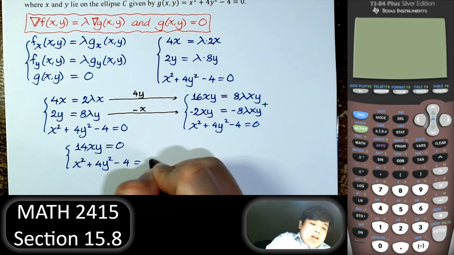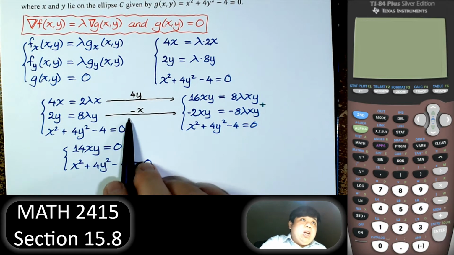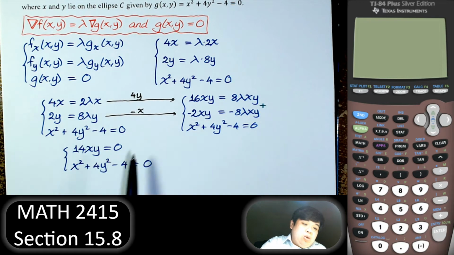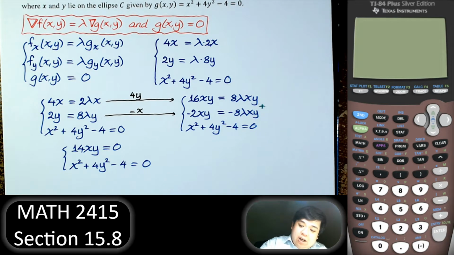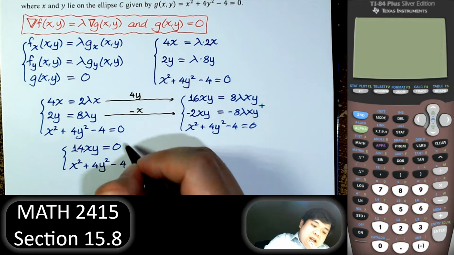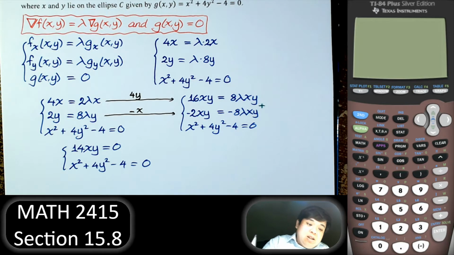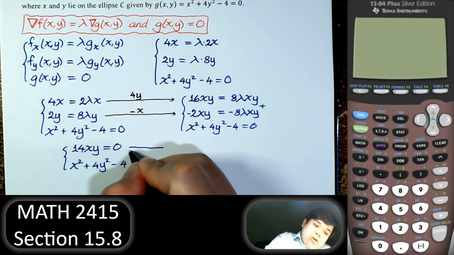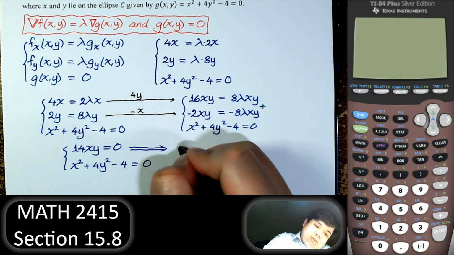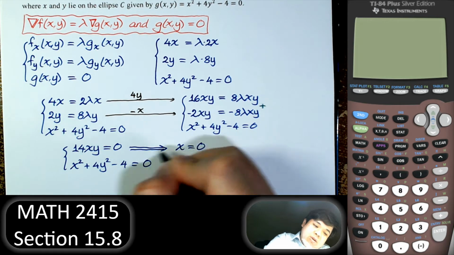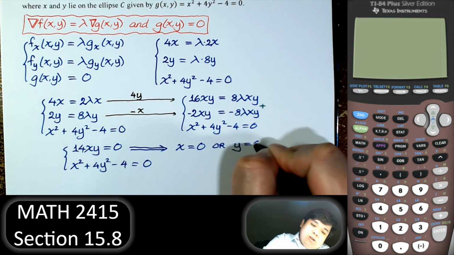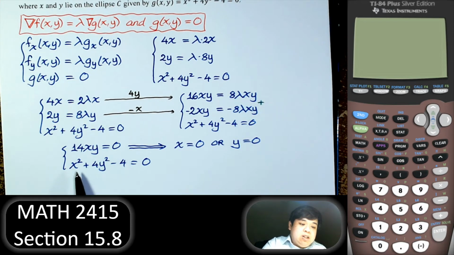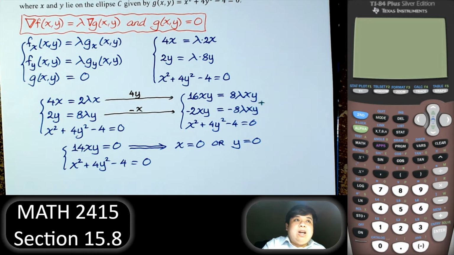What we did with this elimination is eliminate lambda, so now we just have a system in x and y, which will be easy to solve. The top one, 14 times x times y equal to 0, means either x is equal to 0 or y is equal to 0, because the product is 0, so one of them must be 0. Then we can just substitute in here and find the other, which should be easy.